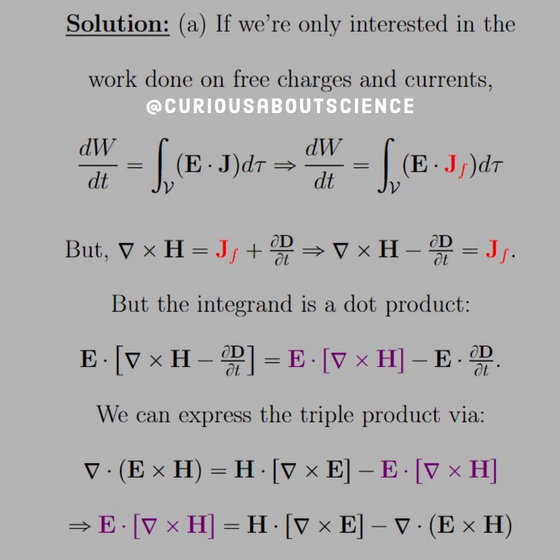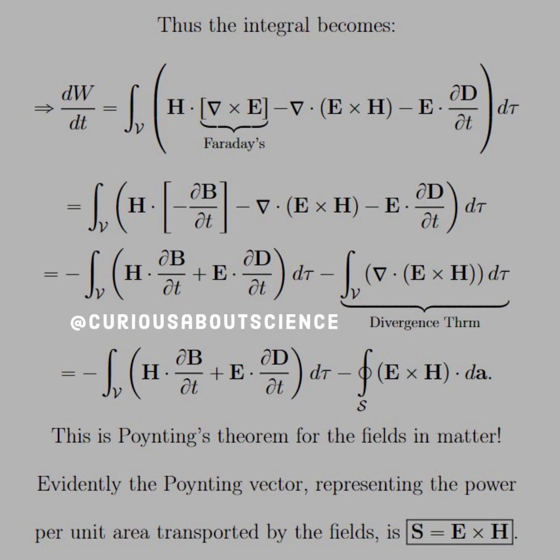Although it's not written explicitly in a form that we know, we can algebraically solve for a form that can be useful. So we do that, and we see that we have H dot curl of E minus the divergence of E cross H. We substitute that into the integral, and we have H dot curl of E minus divergence of E cross H minus E dot the partial derivative with respect to t of D, dτ.